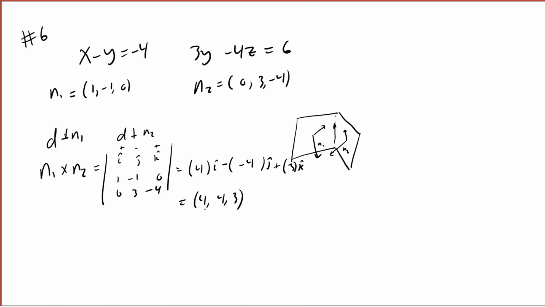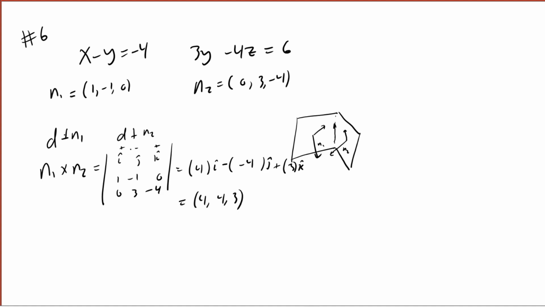Okay, let's double check. I have x minus y equals negative 4, 3y minus 4z equals 6. So this is 1, negative 1, 0, 0, 3, minus 4. If I cross out i, I have minus 1 times minus 4, that's 4, minus 0.